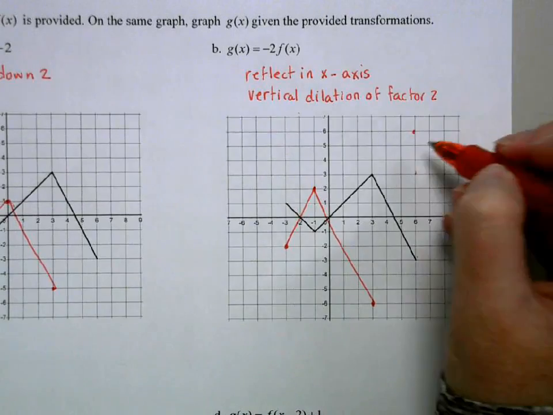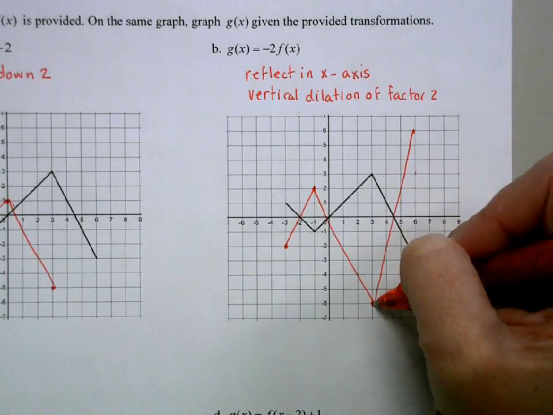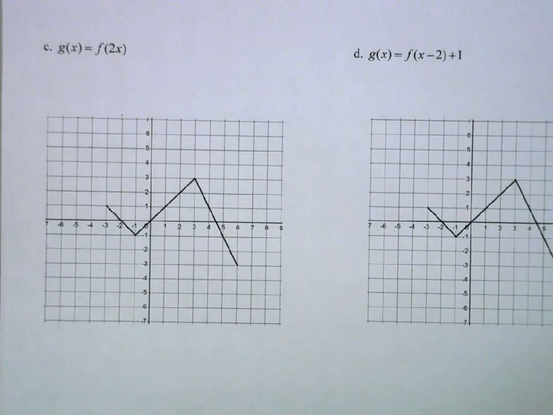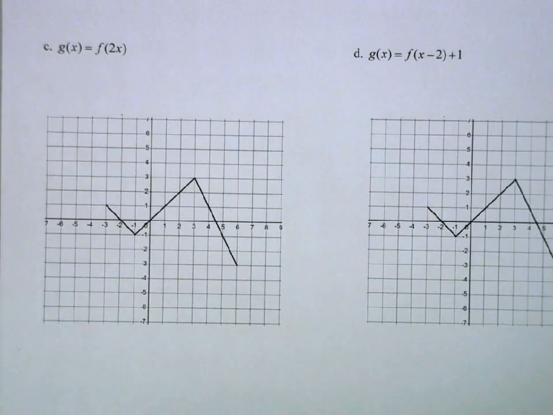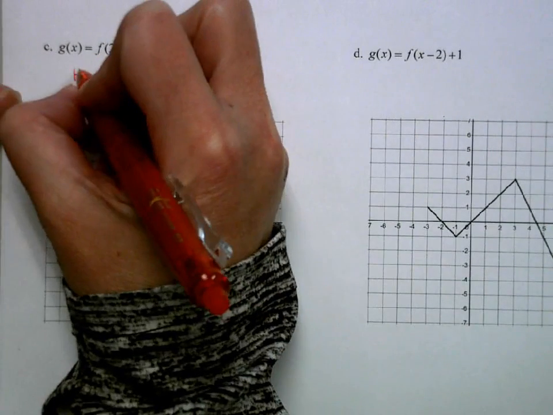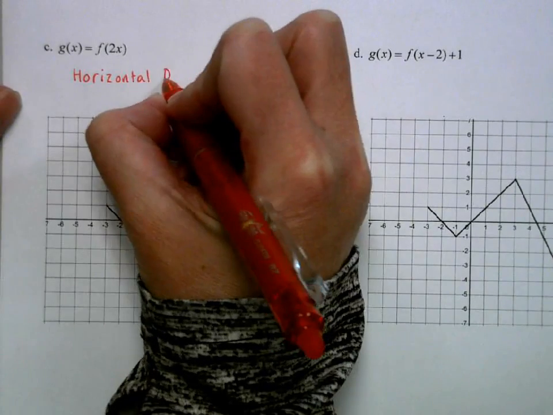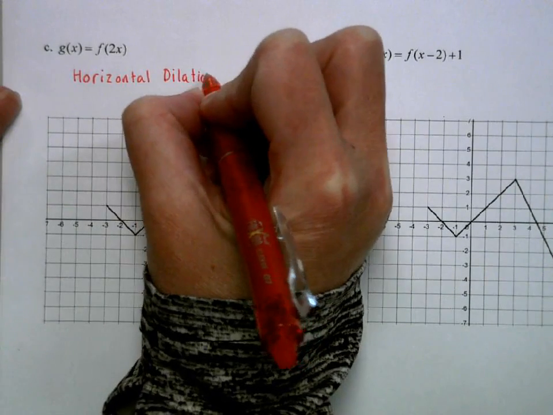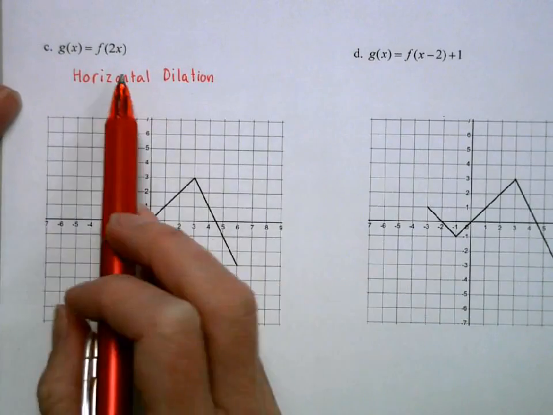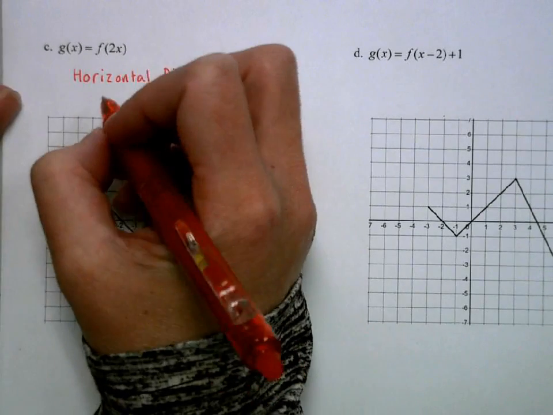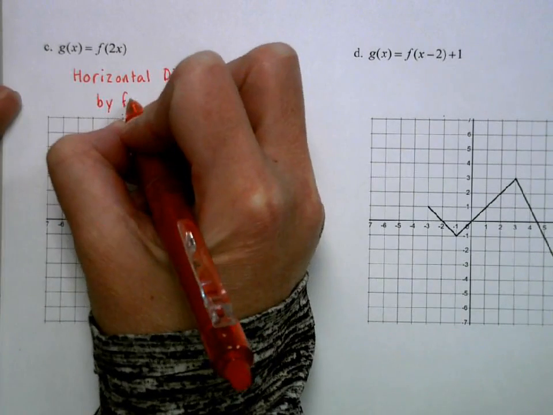If we're multiplying on the inside, this is a horizontal dilation by a factor of 1/2, which means it's going to get compressed horizontally.